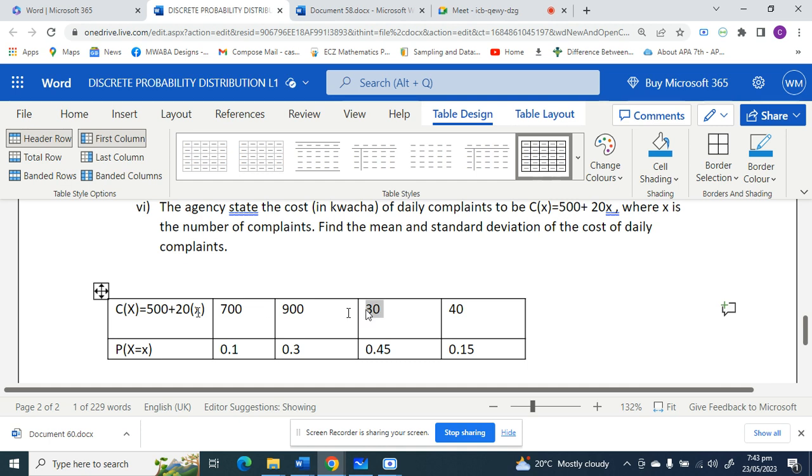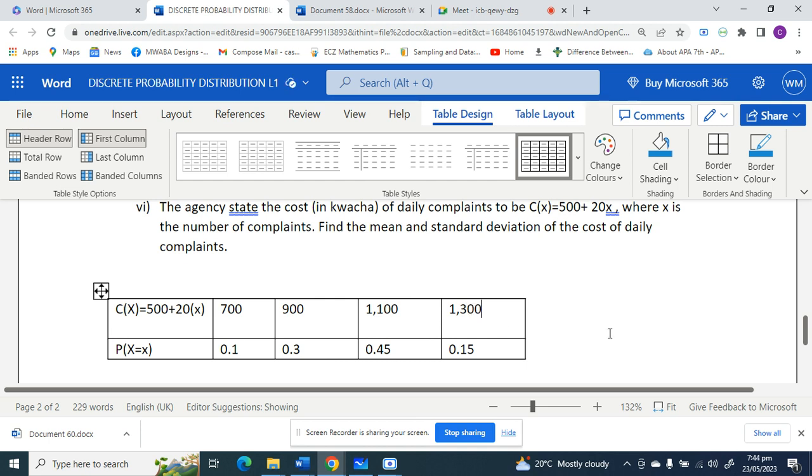What is the cost of 30 complaints? And this 40, we replace it with X here. All right. So these are the costs of the complaints.